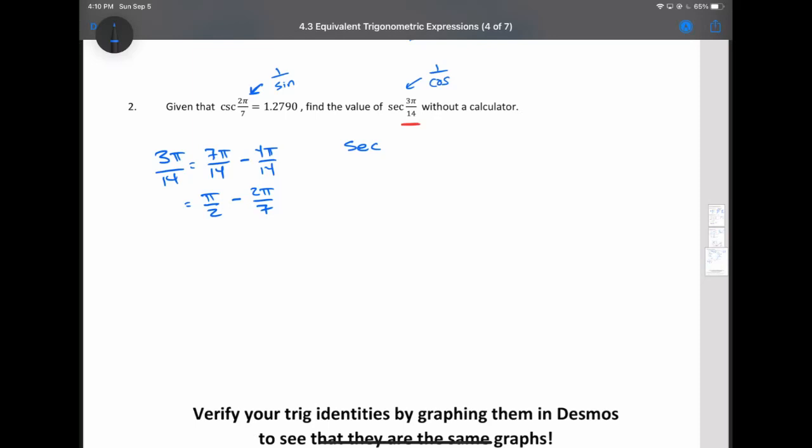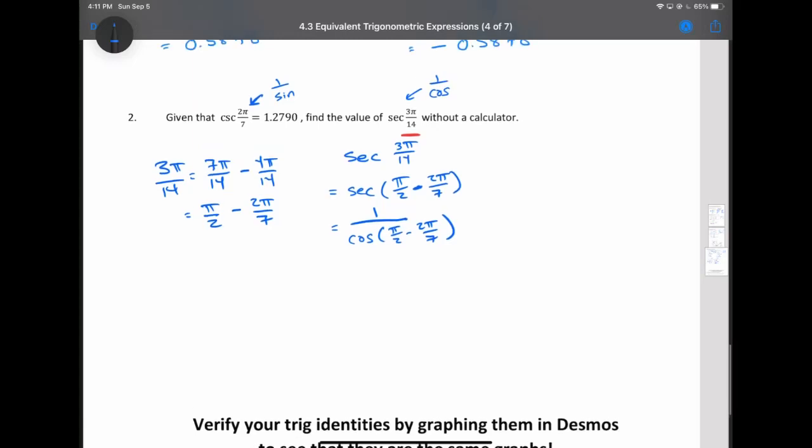Okay, so secant of 3 pi over 14 is the same thing as secant of pi over 2 minus 2 pi over 7. That's the equivalent of 1 over cos of pi over 2 minus 2 pi over 7. And now we look back to our trig identities of cos of pi over 2 minus theta.